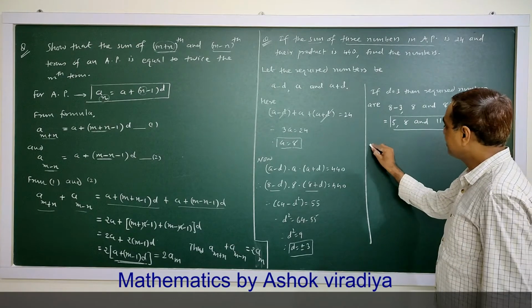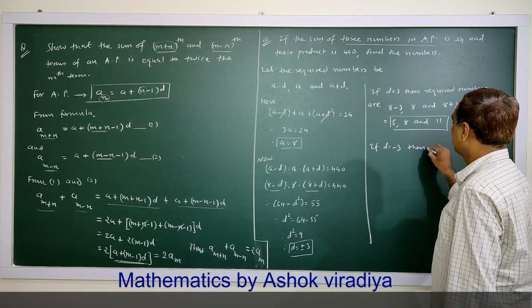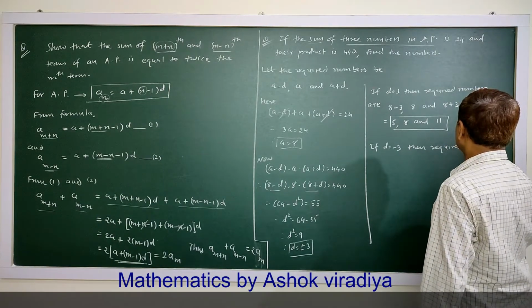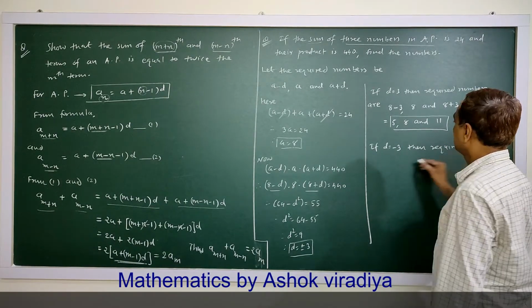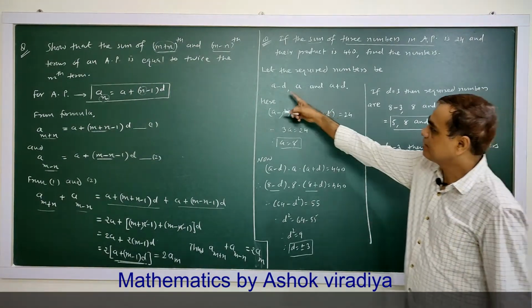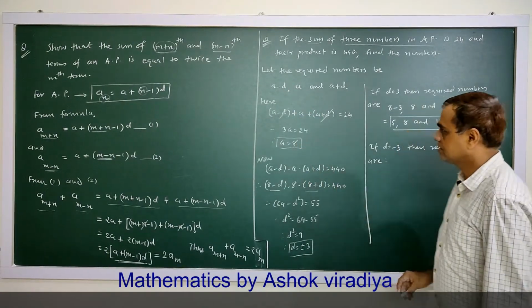And if d is minus 3, then required numbers are, now I keep here minus 3. A is 8.